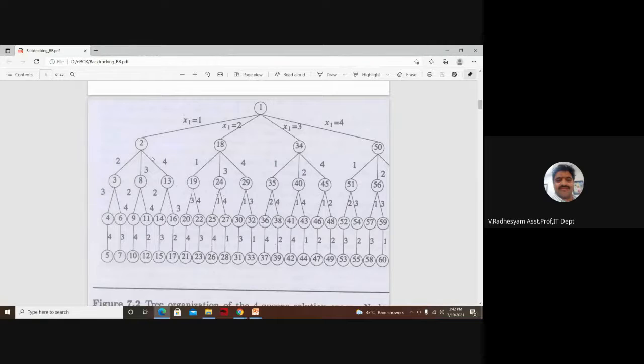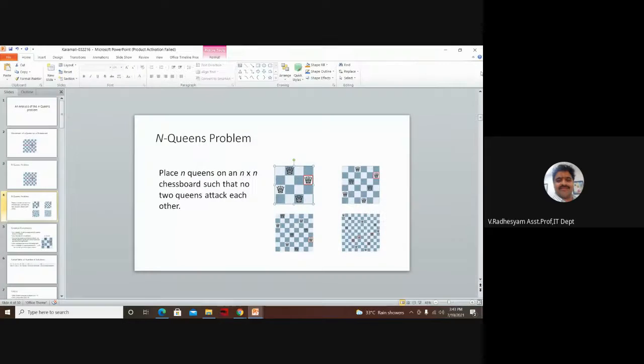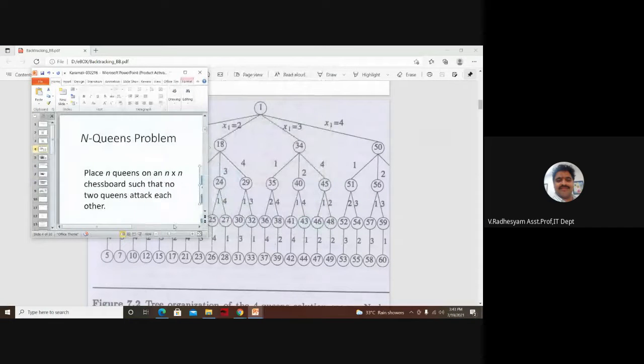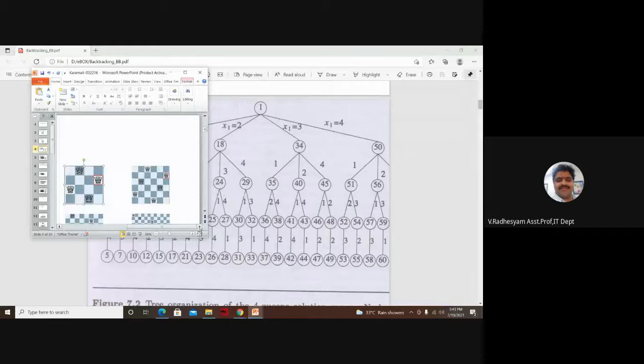Now this is a complete state space tree. What does a complete state space tree mean? Let us check.